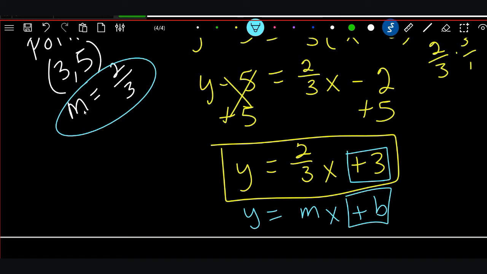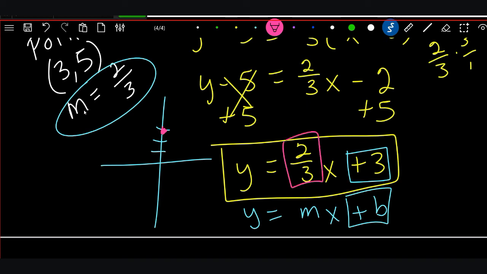And that's important because now we can graph it. How would we graph that? Well, we would put it on our graph, and we would graph a point at 3 because that's our y-intercept. And so we'd put a point up here at 3, and then we would graph using our slope. So we would rise 2, 1, 2, and then we would run 3, 1, 2, 3, and there would be our second point.